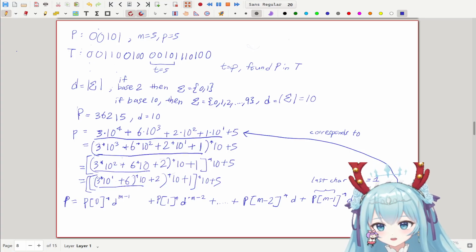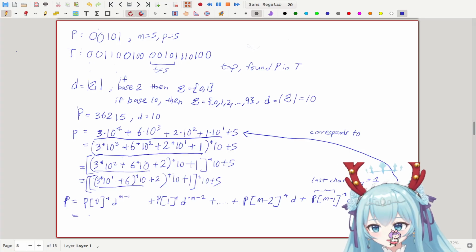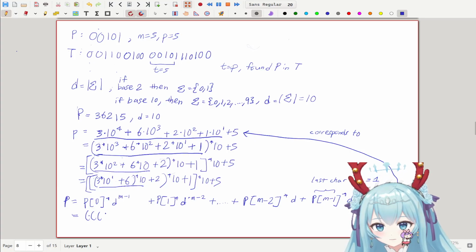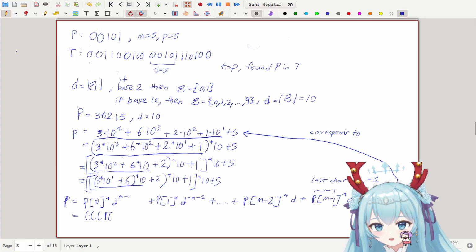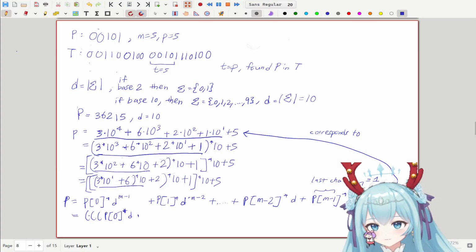So this basically simplifies to this set of brackets, where it corresponds to the last line of the example that we have.